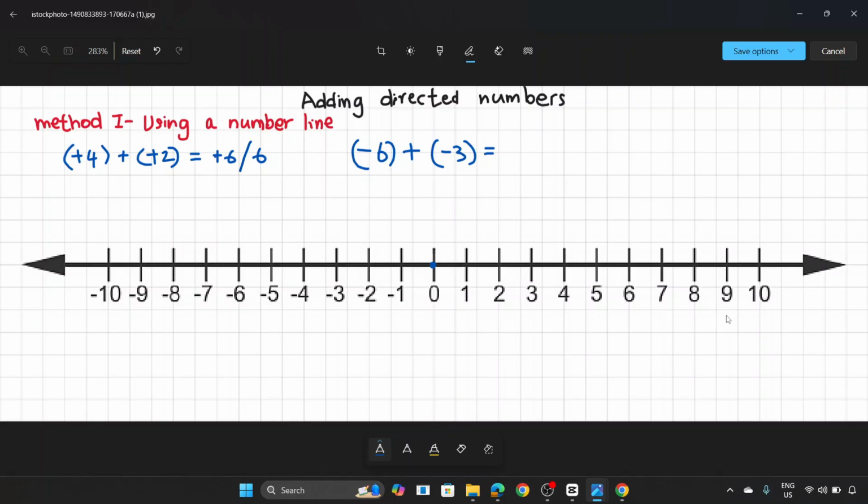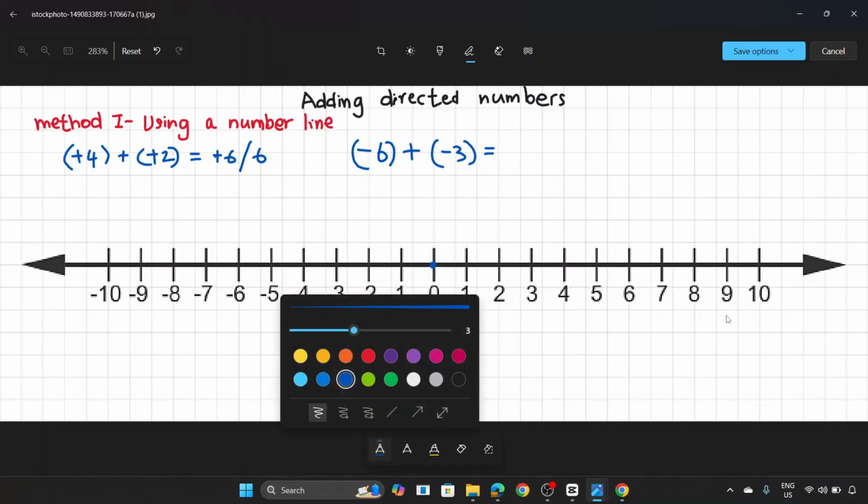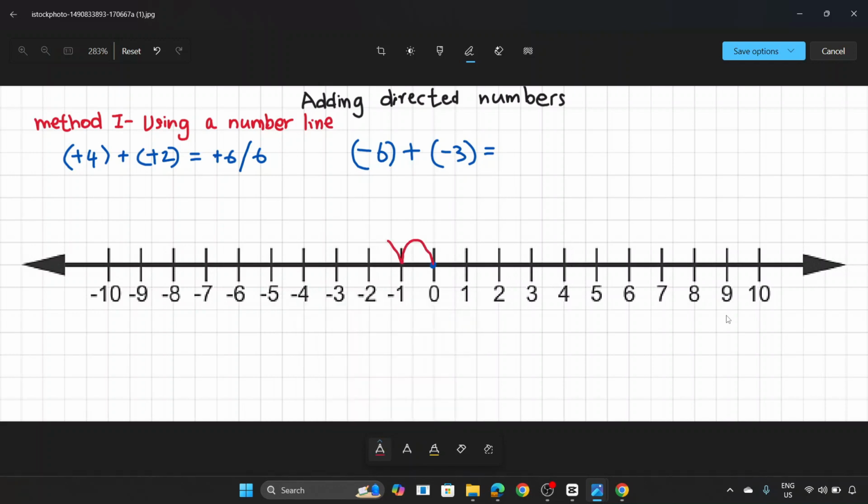So we have to move to the left. How many places do we have to move left? We have to move 6 places to the left. 1, 2, 3, 4, 5, 6. Where have we stopped? We have stopped at negative 6.